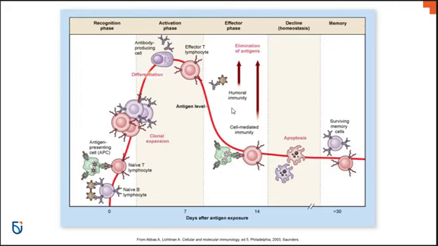Both antibody-mediated immunity and cell-mediated immunity will take place. As antigen levels decline, effector cells will die off through this pre-programmed cell death, and then the memory cells remain. And the memory cells will remain to be ready to very quickly engage and be prepared for the antigen if it does enter the body again.